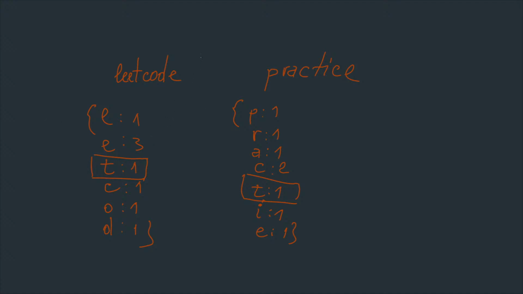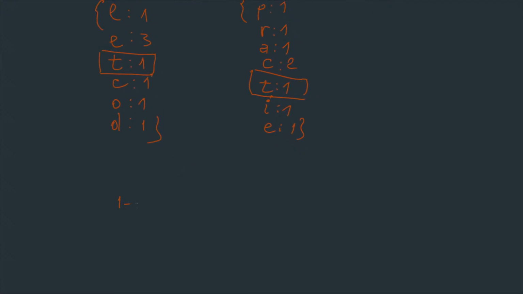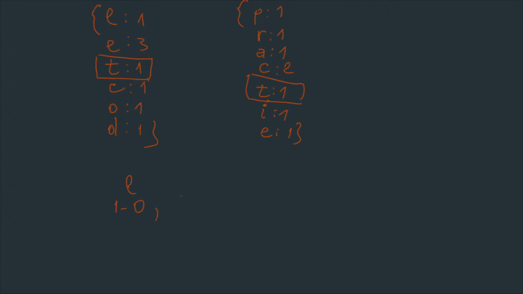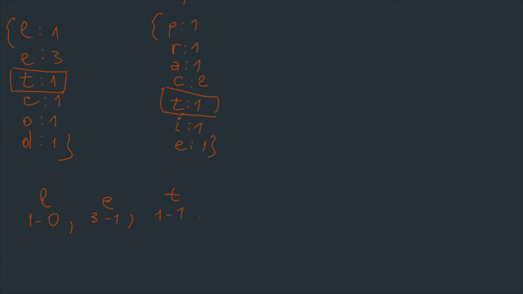So if we try to do my ABS algorithm, it will be like 1 minus 0, because we don't have L for L. And then for E, we have 3 minus 1. For T, we'll have 0, it will be 1 minus 1. For C, we actually have C on the right side, so it will be 1 minus 2.